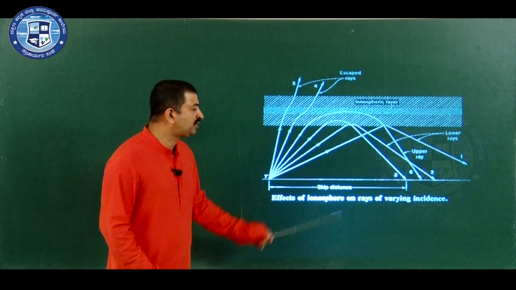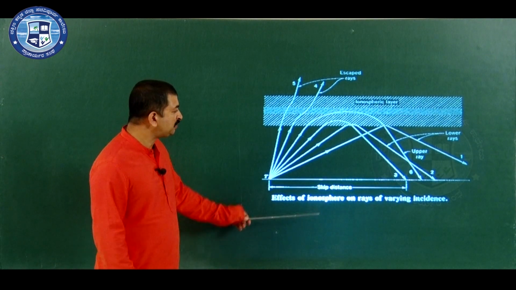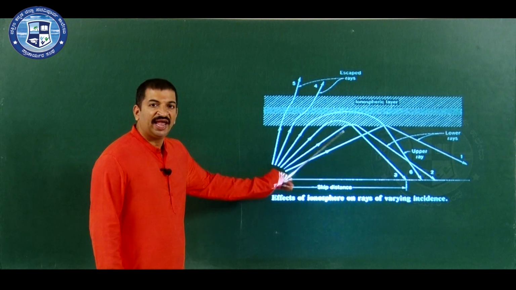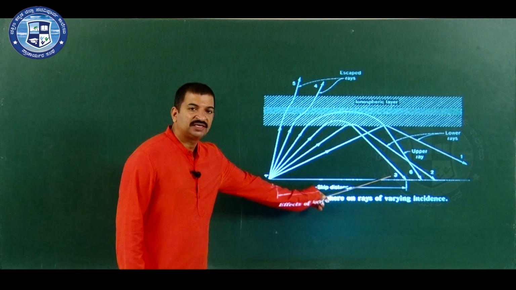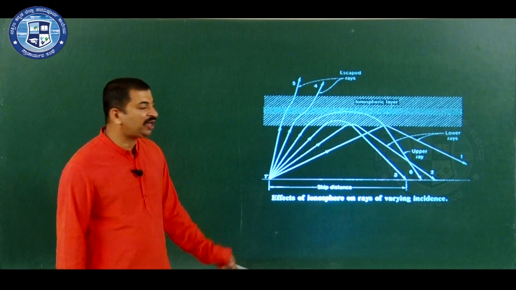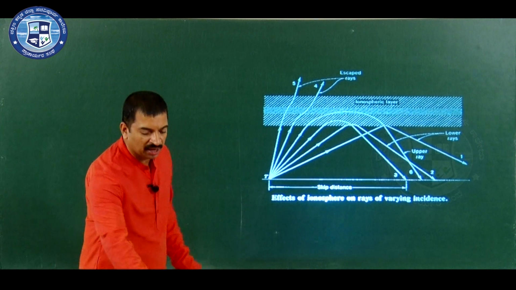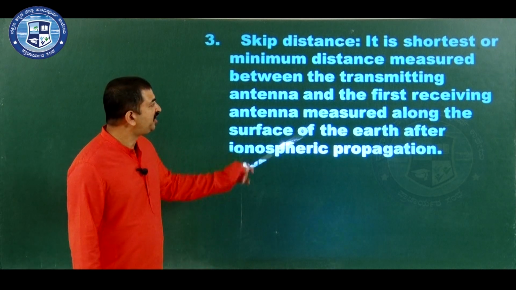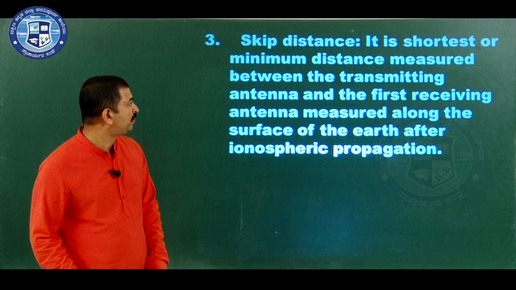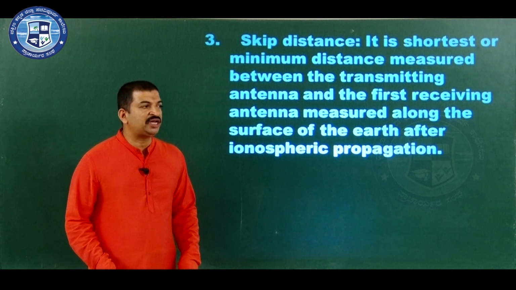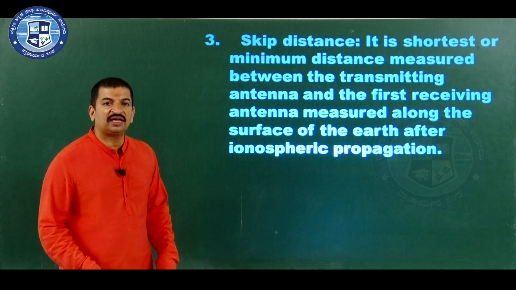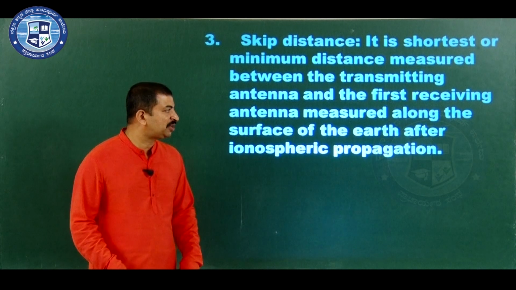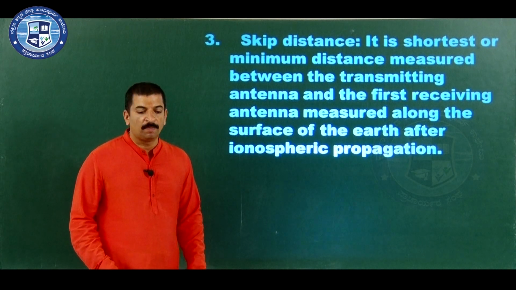So, it must be noted that we can transmit a signal only if the angle of incidence is greater than or equal to the critical angle. So, we will now define the skip distance. It is the shortest distance measured between the transmitting antenna and the first receiving antenna along the surface of the earth after ionospheric propagation.